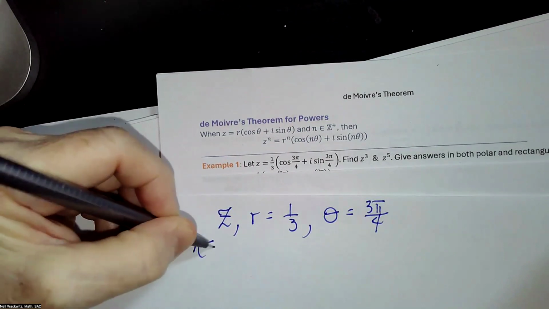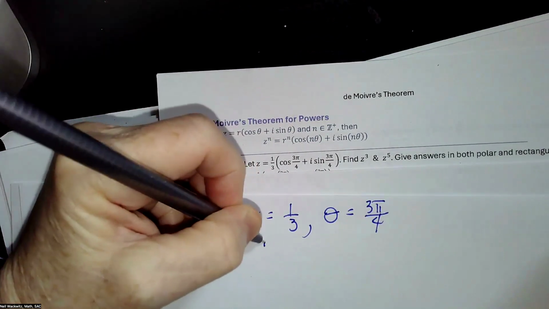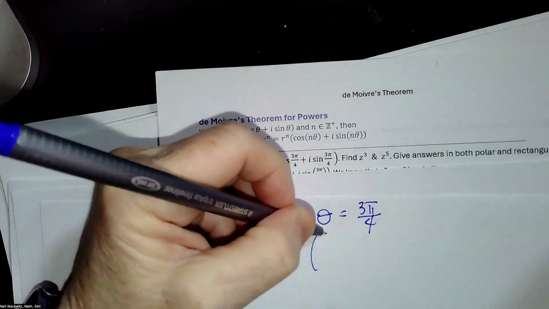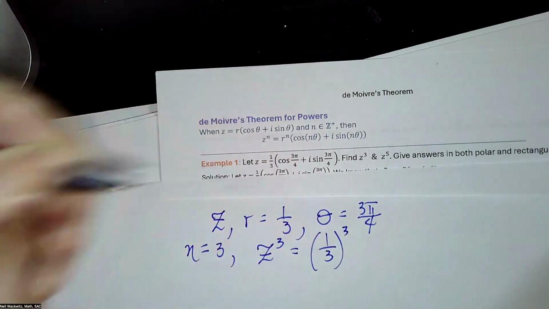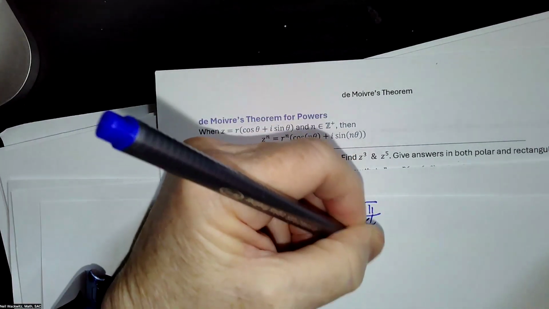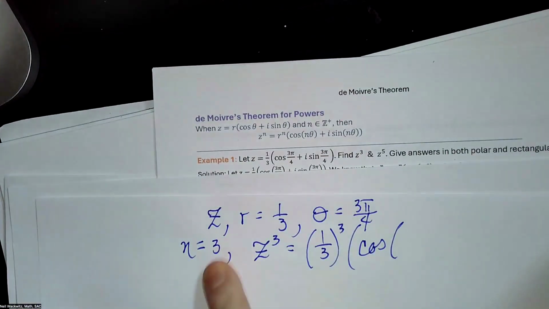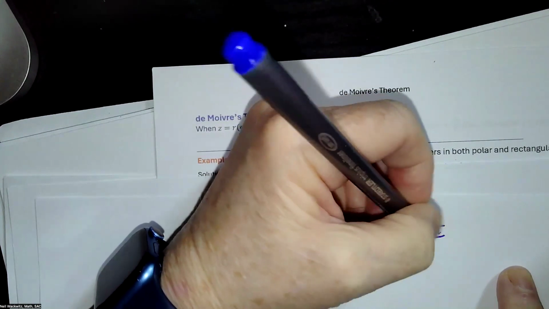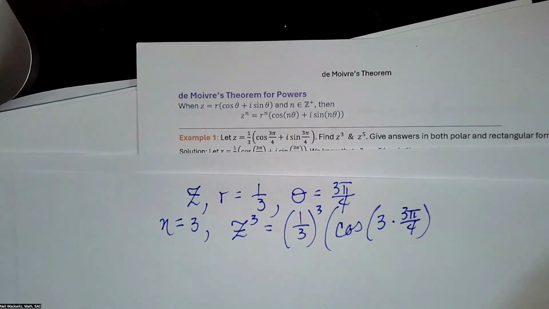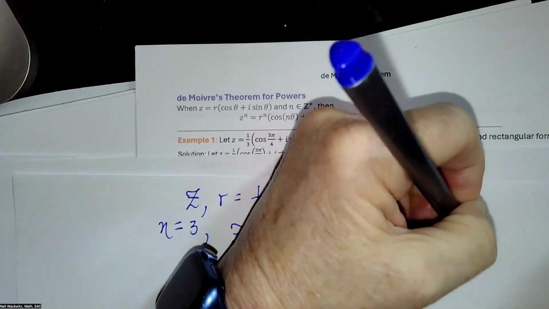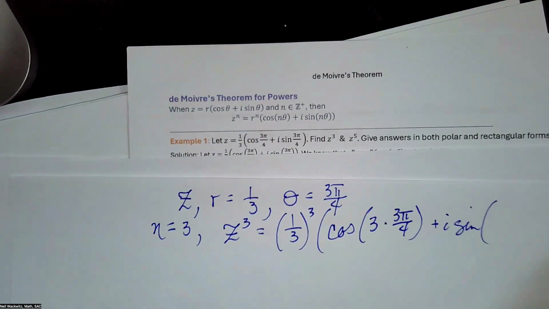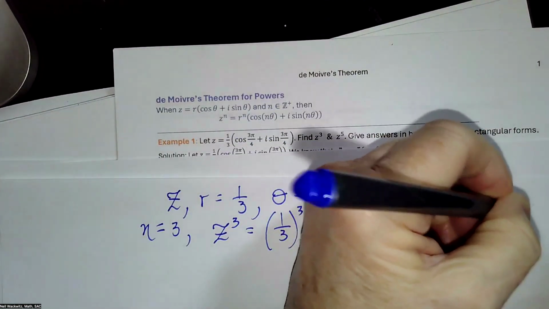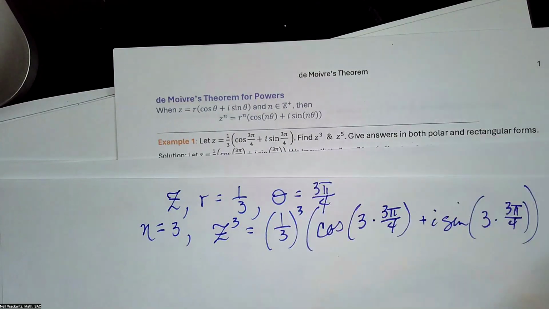When n is equal to 3, we have z cubed is equal to 1/3 cubed cosine, and let's see, n, so 3 times 3 pi over 4 plus i sine 3 times 3 pi over 4.